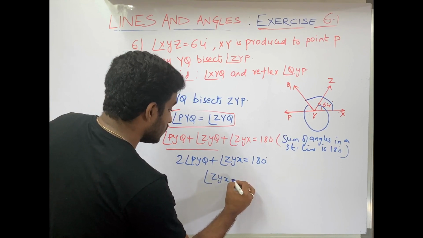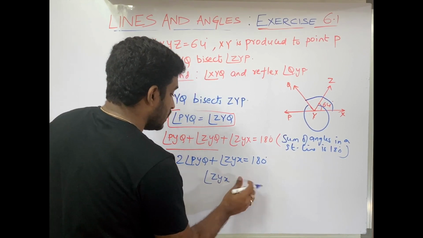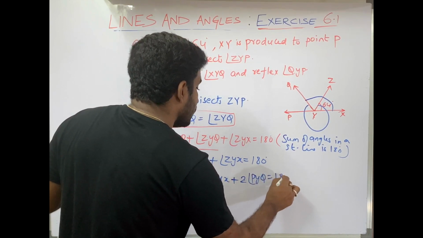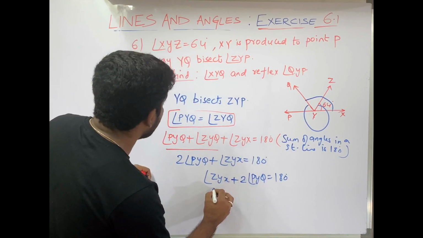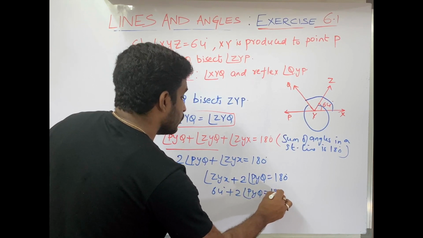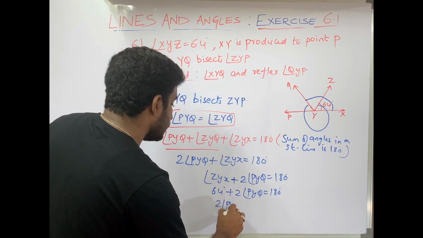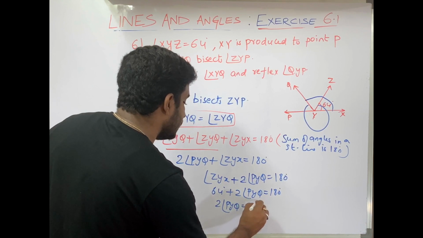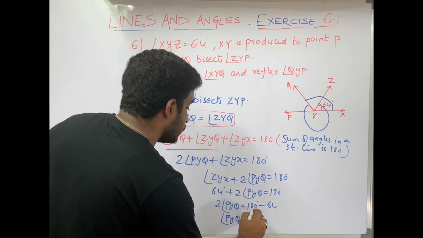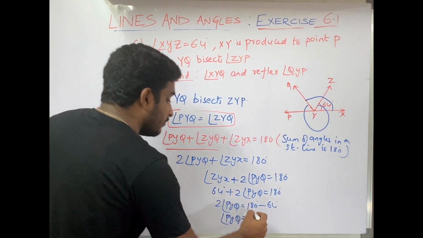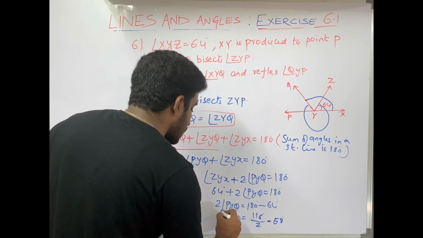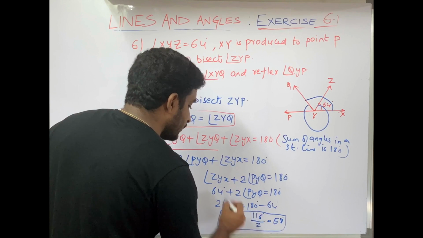So 64 plus 2 angle PYQ equal to 180 degrees. 2 angle PYQ equal to 180 minus 64 degrees. Angle PYQ equal to 116 divided by 2 equal to 58 degrees. Angle PYQ what we got is 58 degrees.